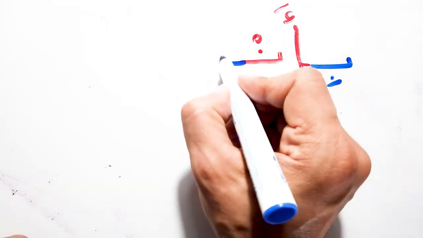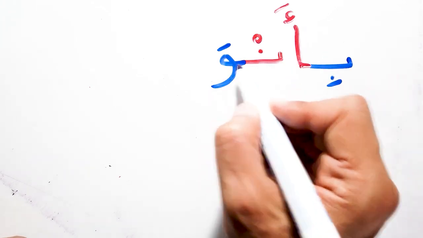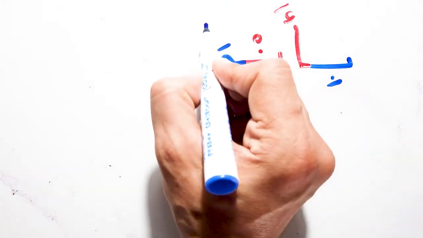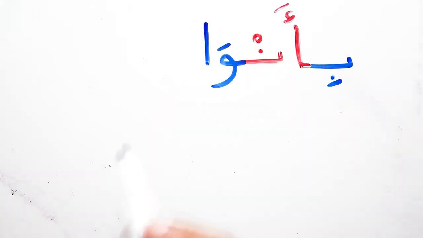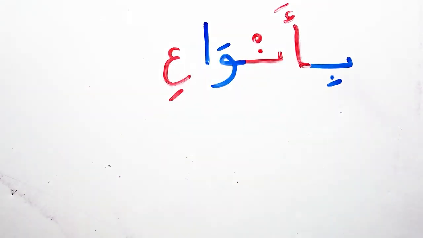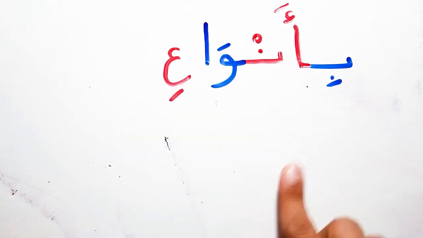The sound of w with fatha. Bi-anwa', long vowel alif.